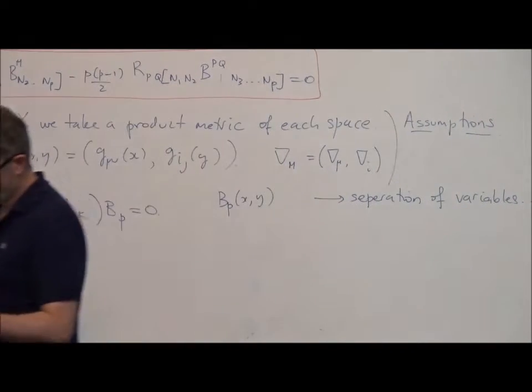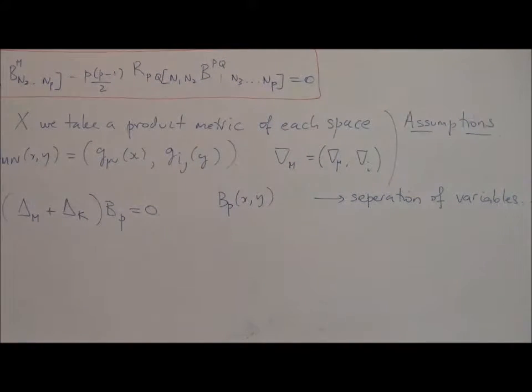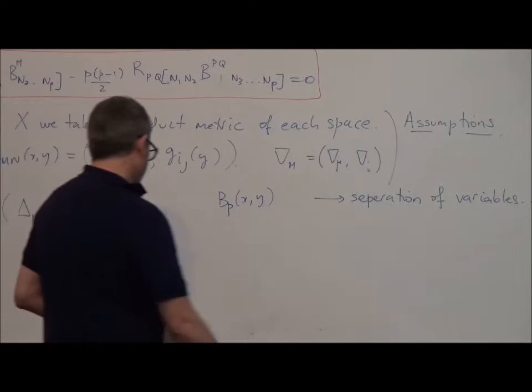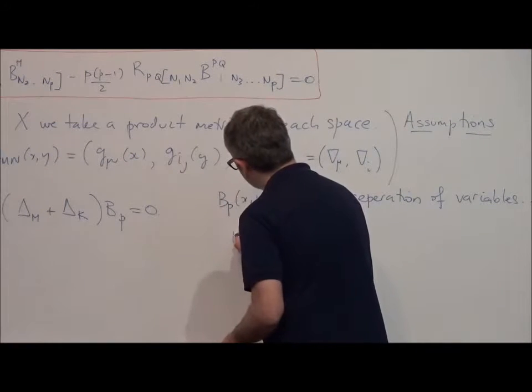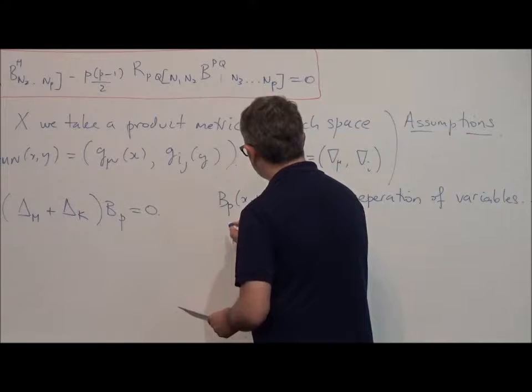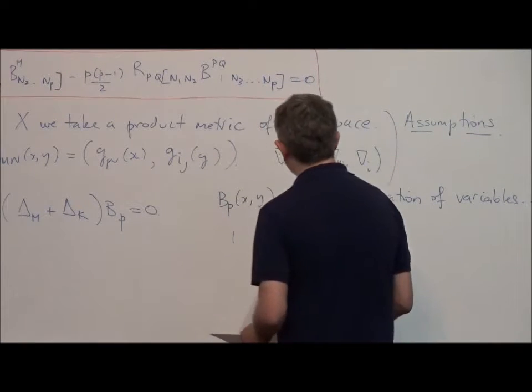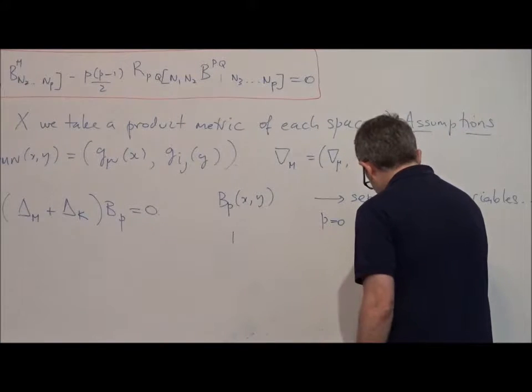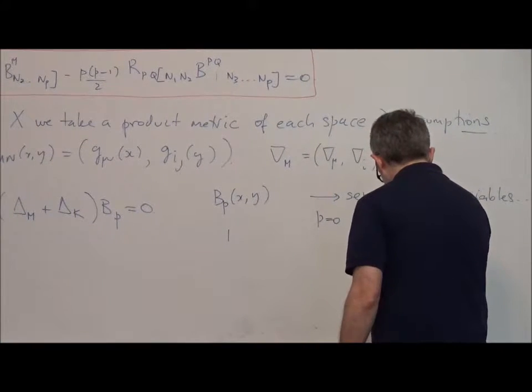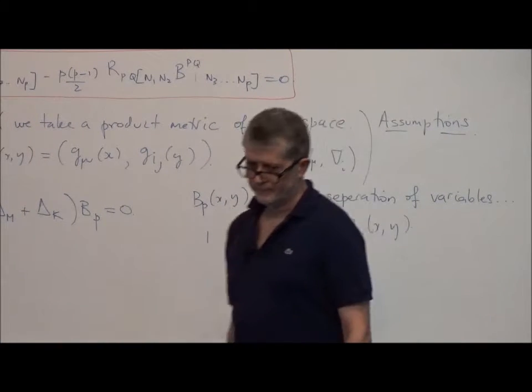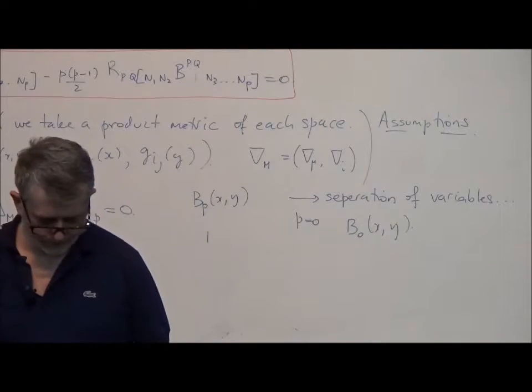To give you an idea of how that might go, I would start with something like a 0 form. Take p equals 0, because that's going to make life easy. So if p equals 0, we have B_0(x, y).